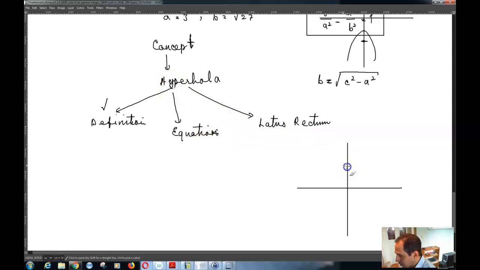Then based on that diagram, you can derive the equation, and when you derive the equation, you will understand it, since you have understood the situation of the diagram and all the lines and geometry. And then, for example, there is the latus rectum, and you can do that in the same way.